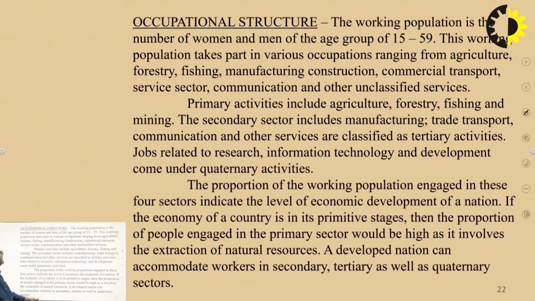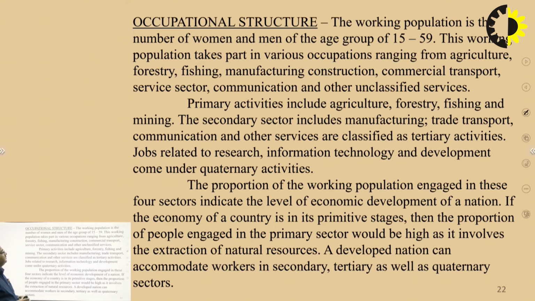The occupational structure: the working population is the number of women and men in the age group of 15 to 59. This working population takes part in various occupations ranging from agriculture, forestry, fishing, manufacturing, construction, commercial transport, service sector, and communication and other unclassified services.